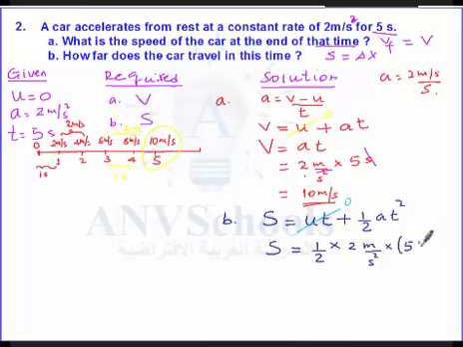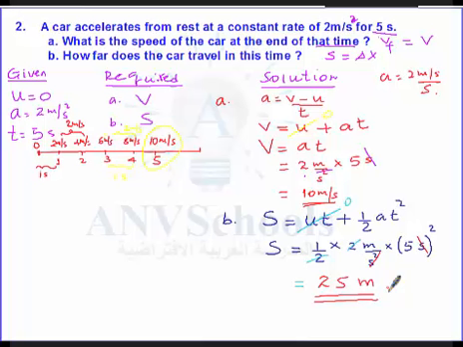You are asked to find the total distance traveled during these 5 seconds. So I cancel out this 2 by this 2, and I have 1 times 5 squared, which is 25, and the seconds squared cancel, because this is 25 seconds squared over seconds squared. So finally we get 25 meters.